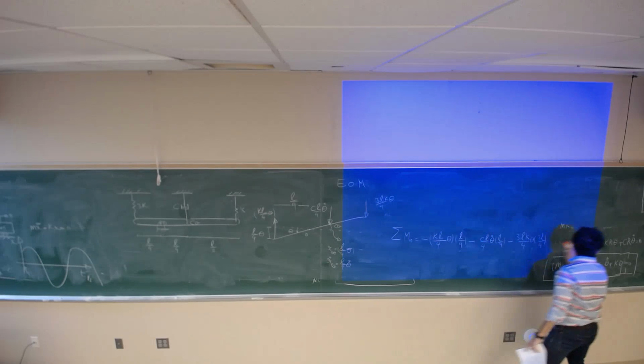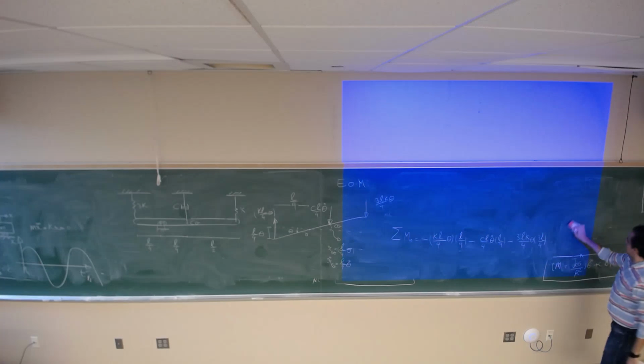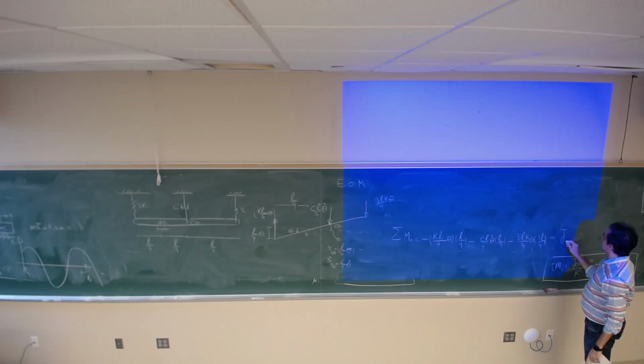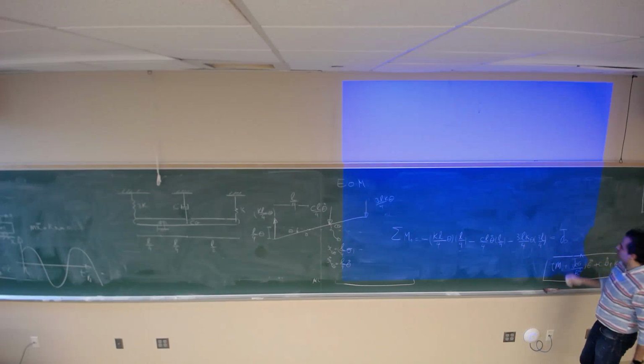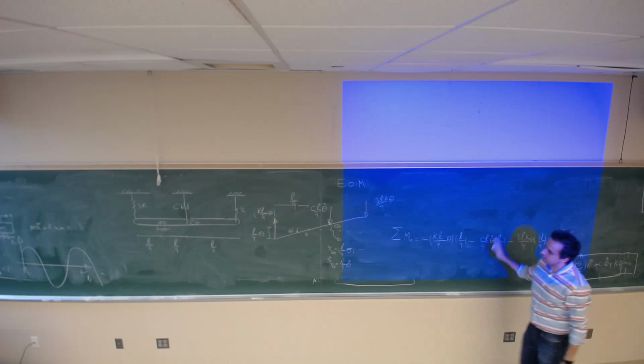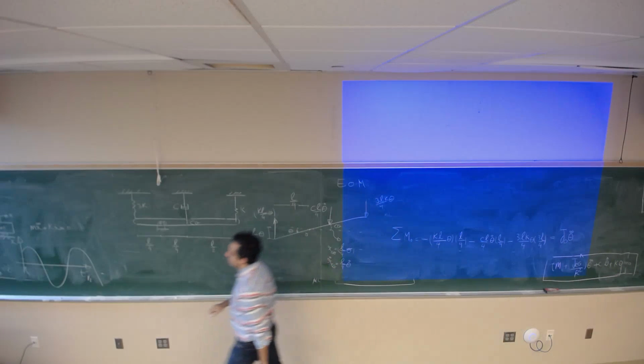And summation of the moment is always equal to the polar moment of inertia with respect to the center of rotation, which is O, times angular acceleration, Newton's second law for rotation.